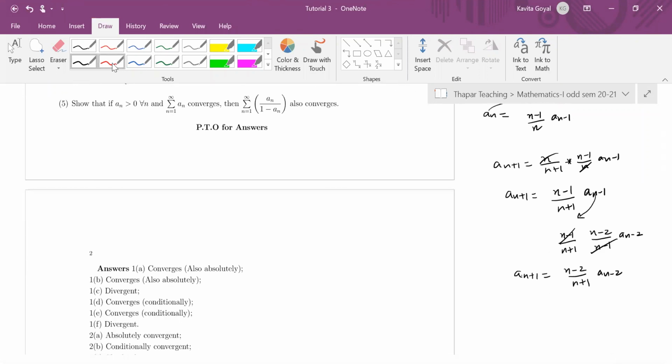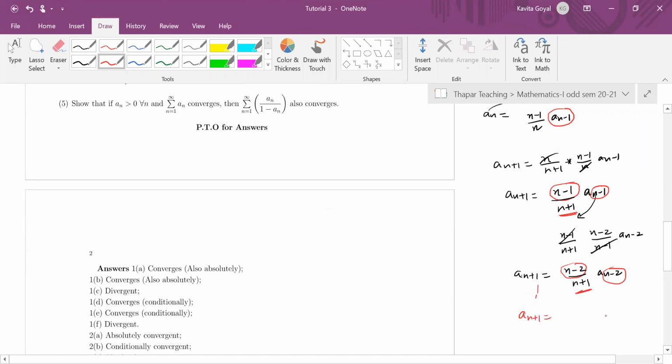The numerator keeps decreasing, n minus 2, n minus 1, while the denominator is constant, n plus 1. In this way, I will get 1 upon n plus 1. But that will not give you anything.